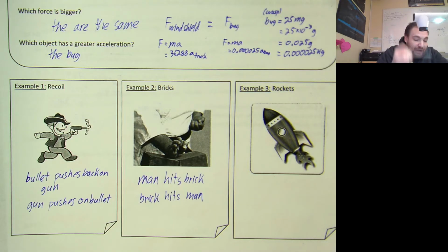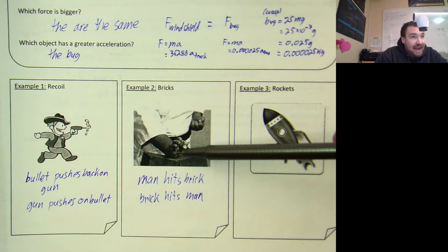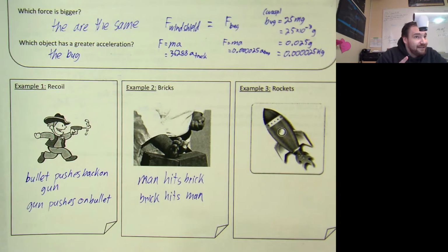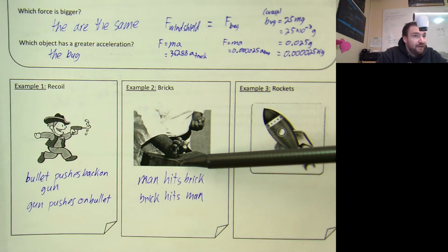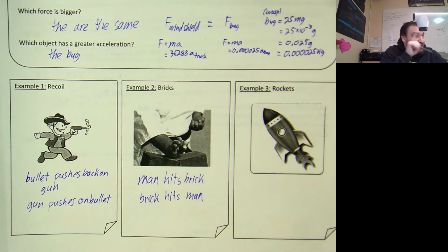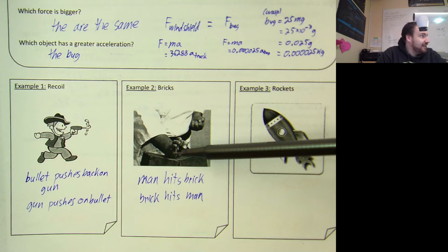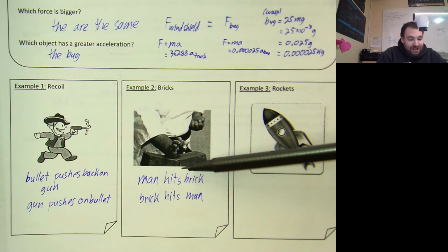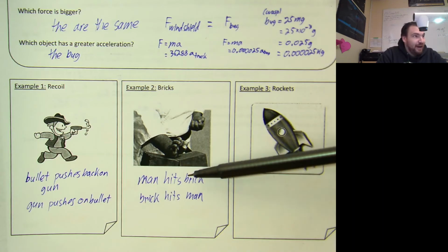So the acceleration of the hand is going to be less, which is counterintuitive, right? You want a force big enough to break the brick to decrease the deceleration of the hand. If you don't hit it hard enough, your hand slows down too fast, and it'll break your hand and not the brick.